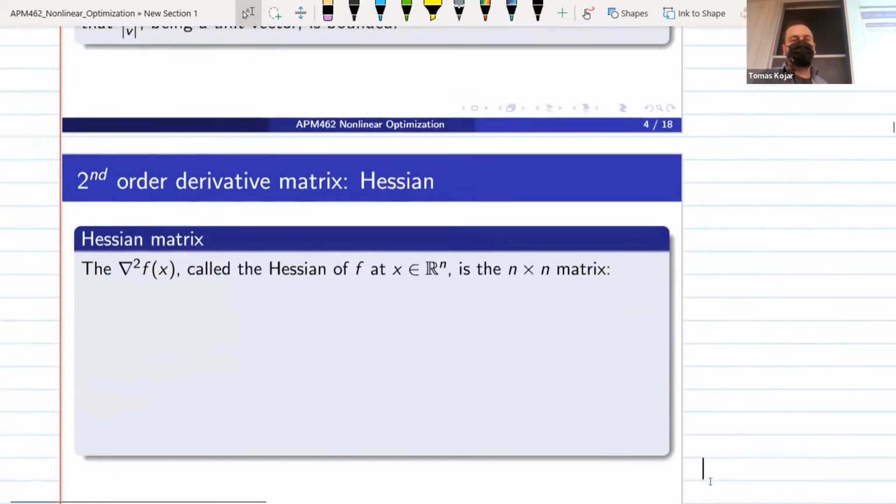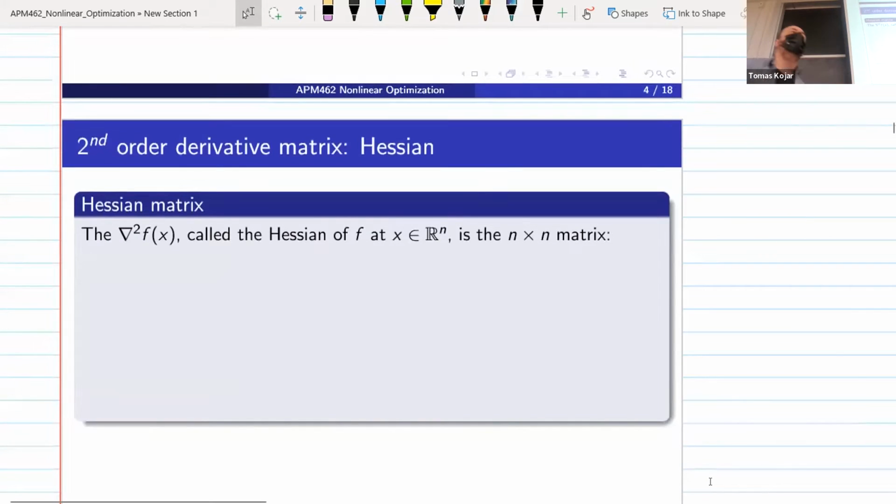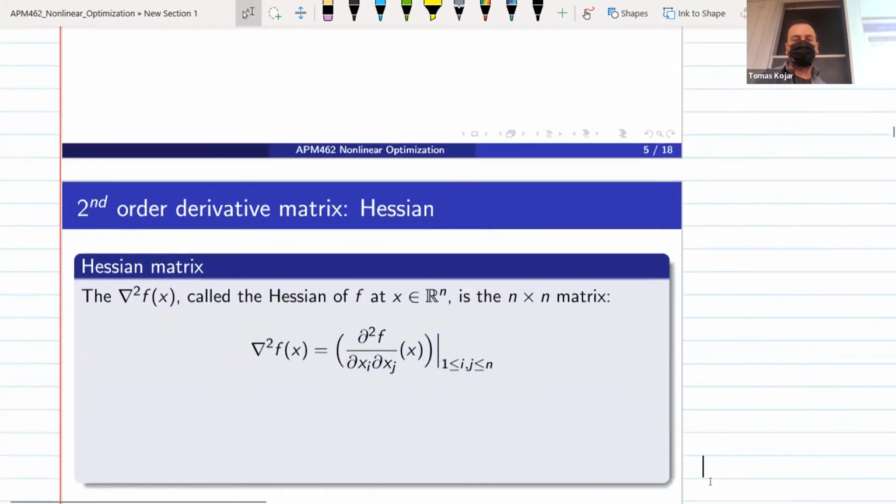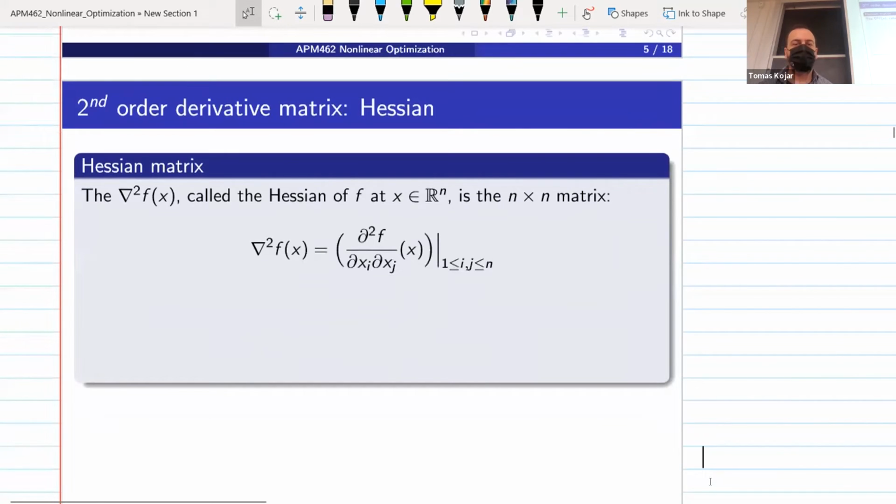All right, so now the main course of the dinner, the Hessian. So this will be throughout the course. That's the main object. So I will go a bit slow here. I know you've seen it. I just want to make sure you remember. So the Hessian, denoted as nabla squared, is the following matrix. Okay, so let me write a few terms here.